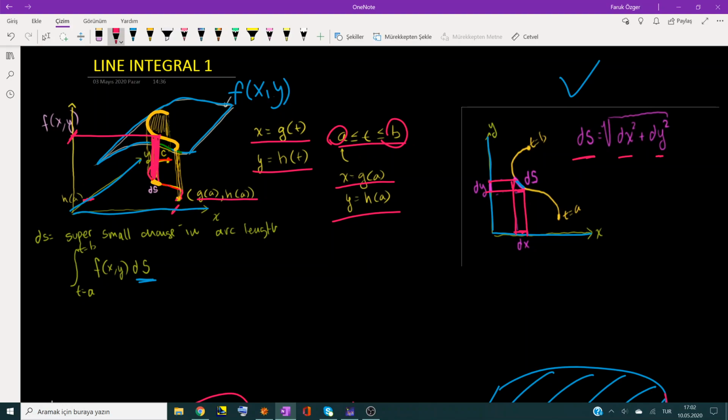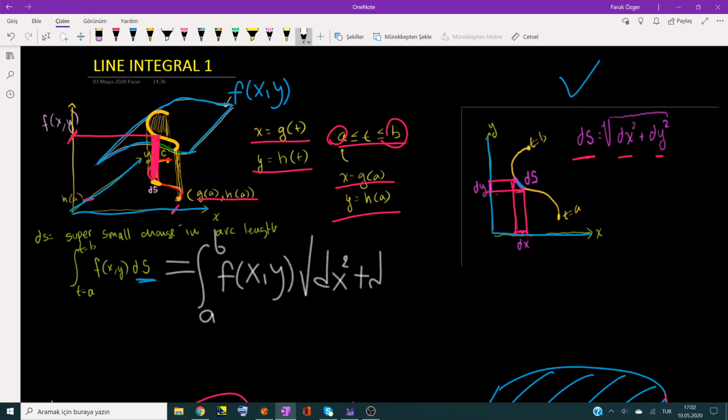So let me write this expression here. Integral from a to b of f of xy, and instead of ds, now I have the square root of dx square plus dy square.